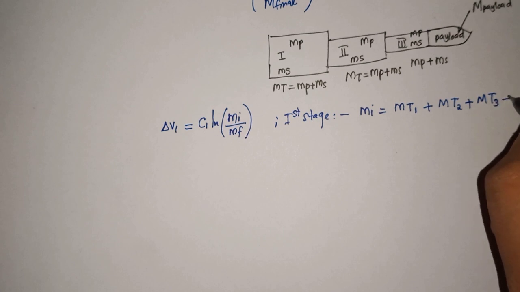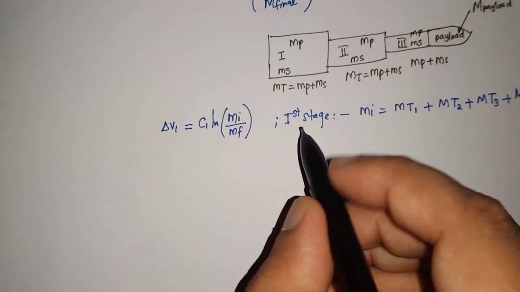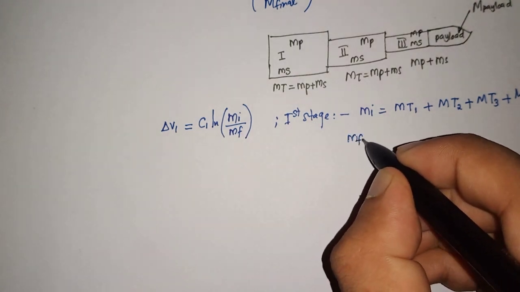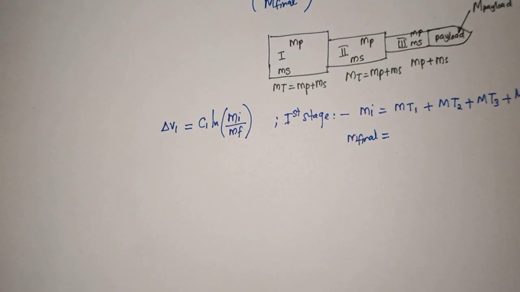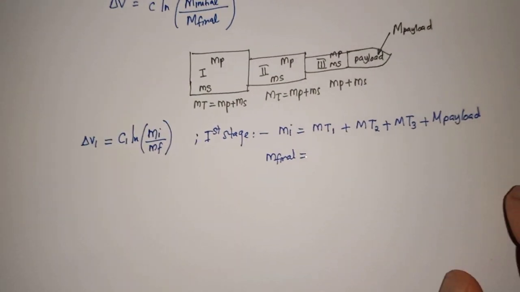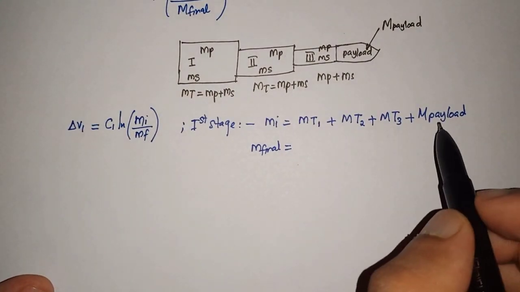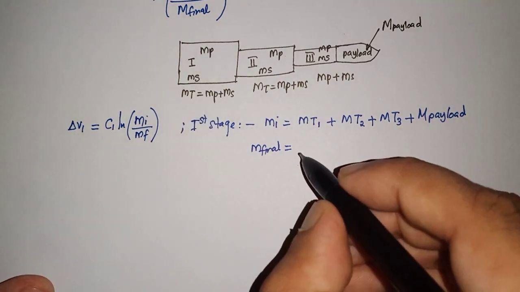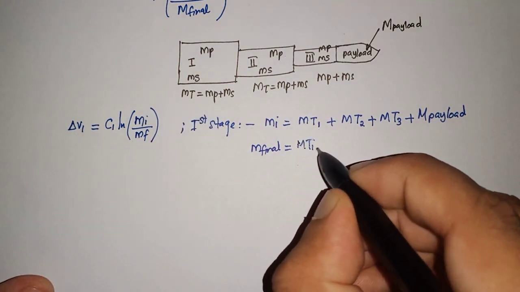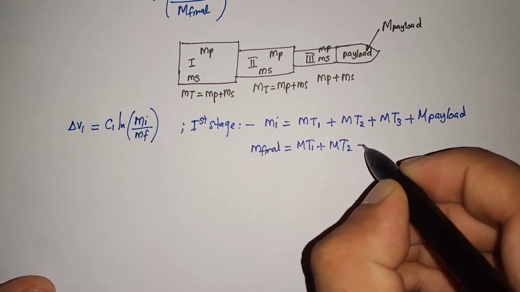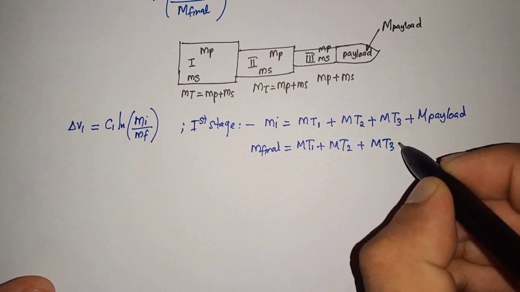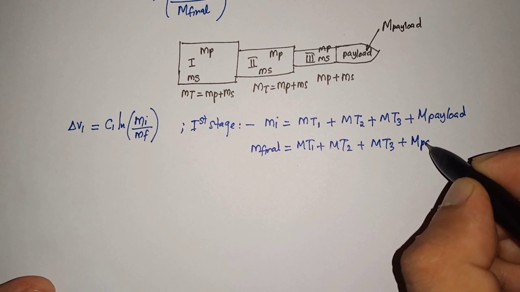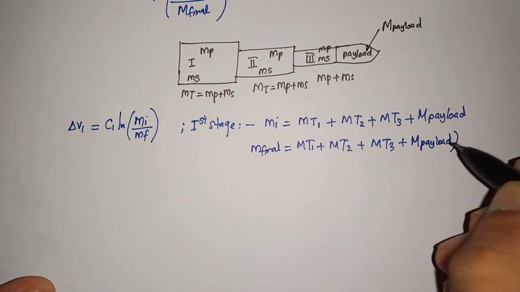Now, as we are interested in the first stage, your final mass is going to be the total from all these masses, minus the propellant of the first stage, which is consumed.